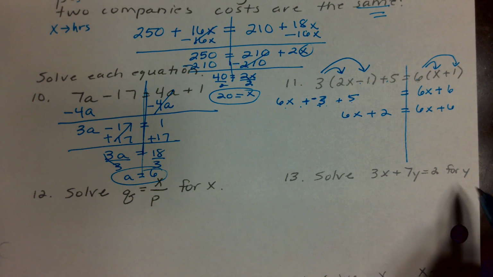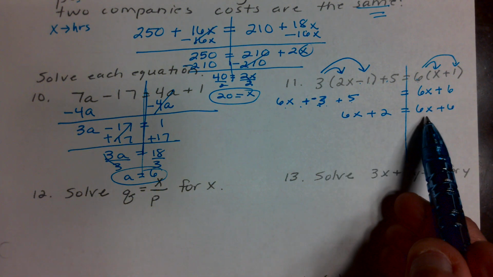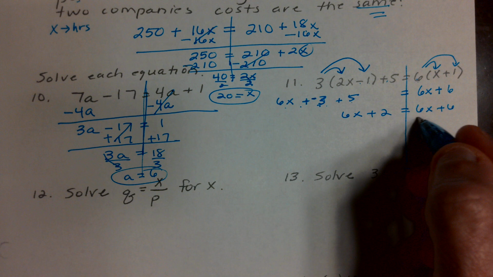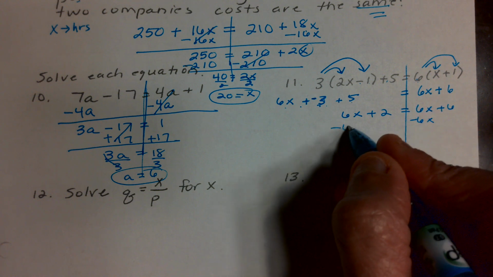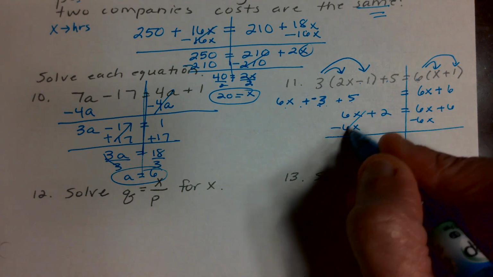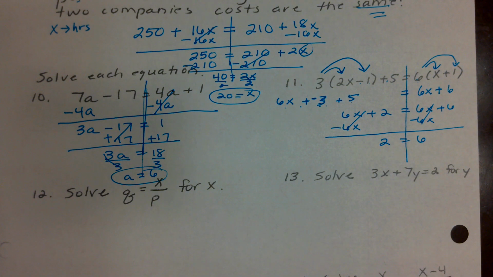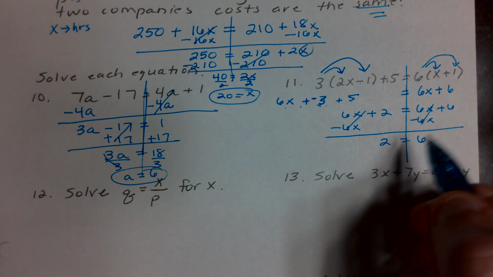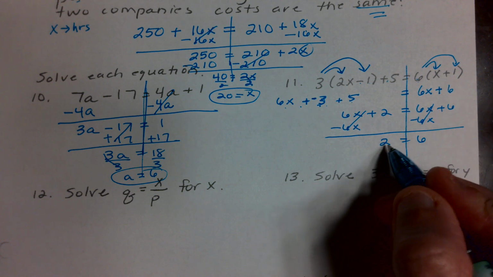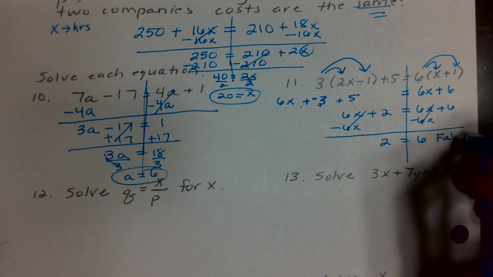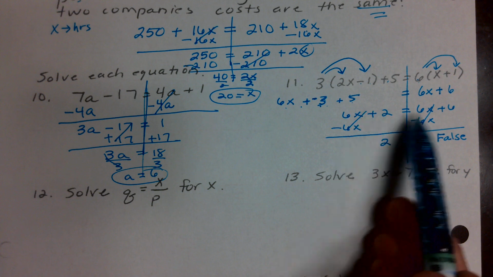So again, we've talked about getting the x term over, and what do you notice happens? They're the same, so it doesn't matter how you view it. When you subtract 6x, you're going to be left with 2 equals 6. What? 2 equals 6? Not in this lifetime does it equal 6. Because this statement is completely false, the x's have fallen away up here.